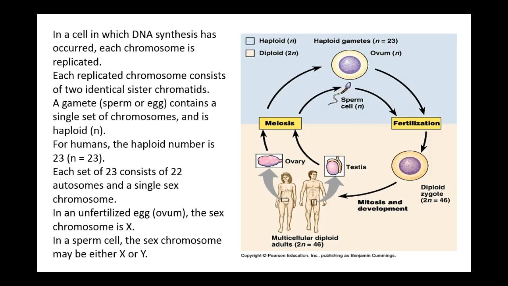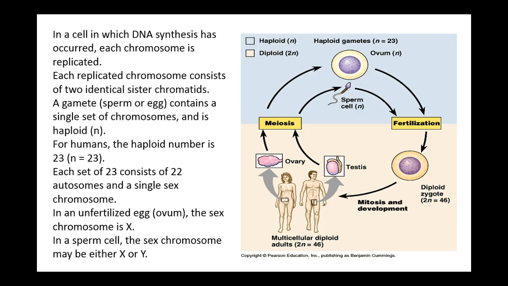Then on to how we use these terms, haploid and diploid. When synthesis has occurred, that's when a chromosome has been replicated. That replication gives rise to these two identical sister chromatids. So you can think of yourself as actually doubling yourself.